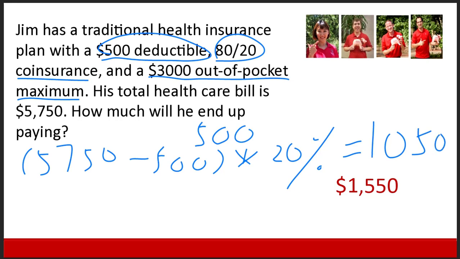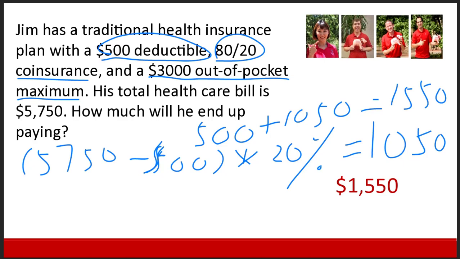So now his total out-of-pocket cost will be the deductible, which is 500, plus the 1,050. What number is that? Total healthcare bill minus the deductible. Yeah, I'm sorry about my writing. 500, yeah. Okay, so it's 1,550.